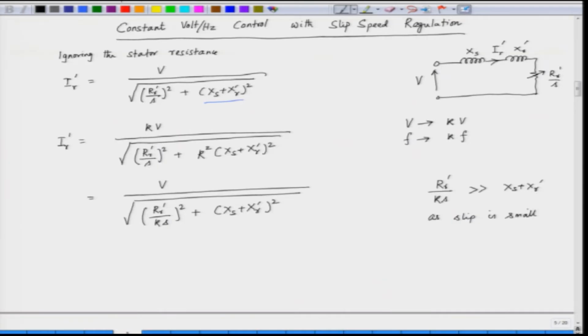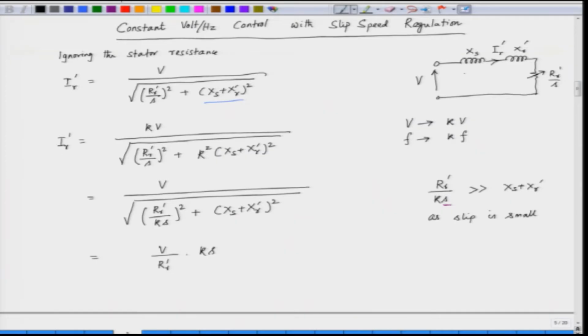So, since the slip is small, this term is quite large. If we apply this approximation, what we get is V by R r prime into k s. So, this is the expression for the rotor current.